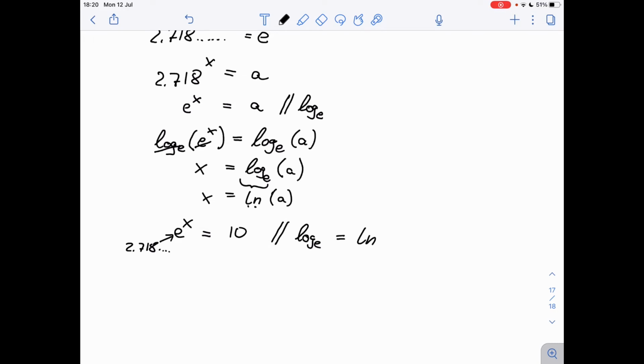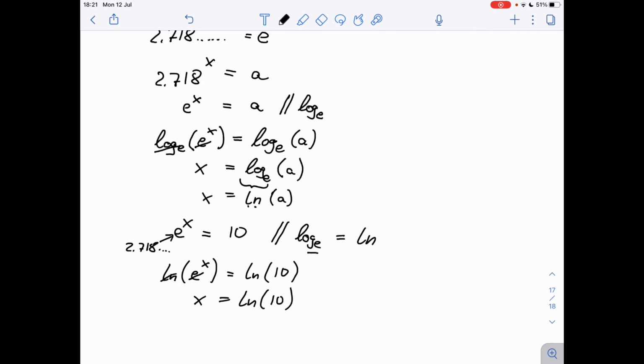So we do ln of e to the power of x equals ln of 10. And because this ln is the same as log e, ln and e cancel out, so we've got x equals ln of 10.